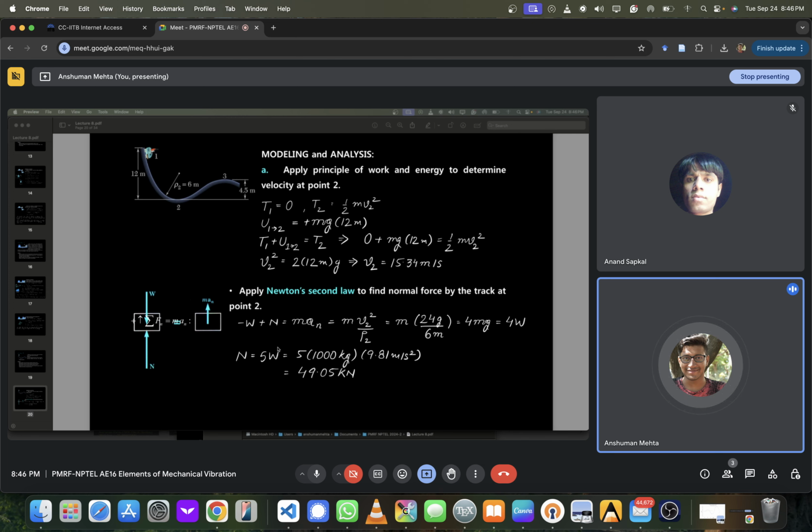Since it started from rest, T1 is equal to 0. Work done from point 1 to 2 is positive.